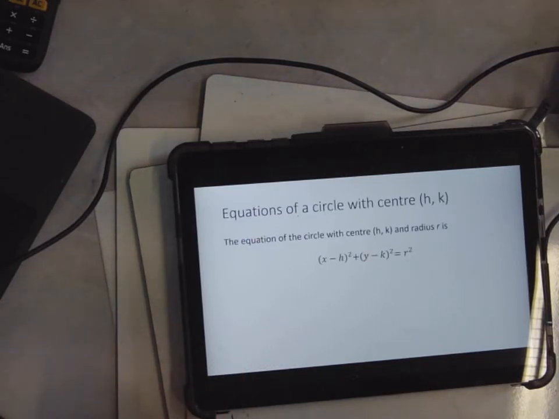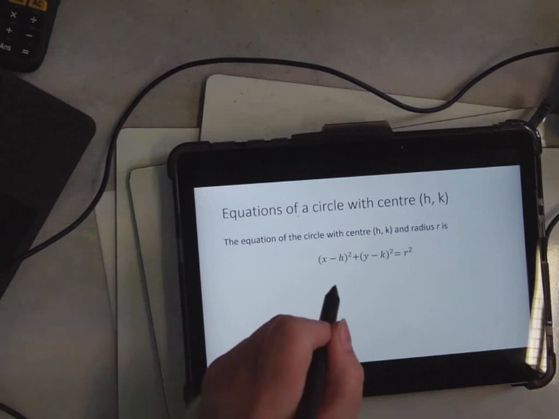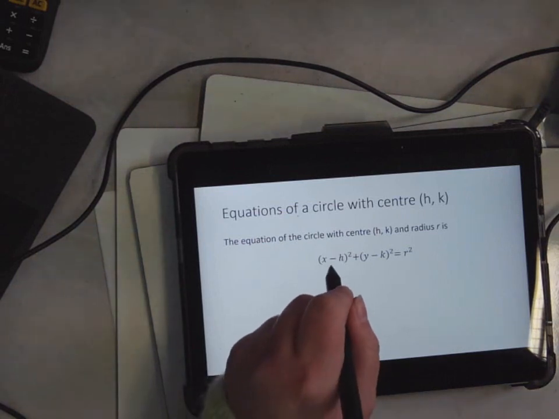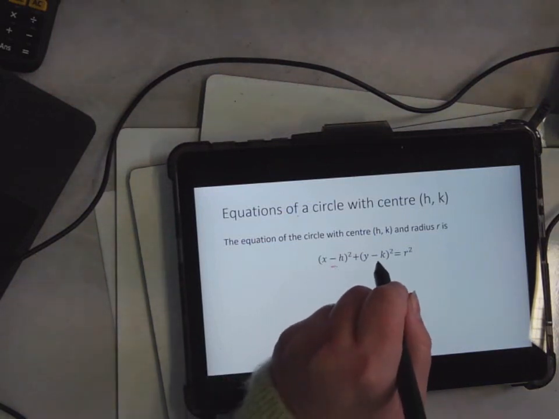Equations of the circle now. Circle centre (h, k). We're now moving on to circles that can be anywhere on the coordinate diagram, and we call their centre h and k. So if they tell you the centre, it's (h, k). Now please note, it's x minus h and y minus k.